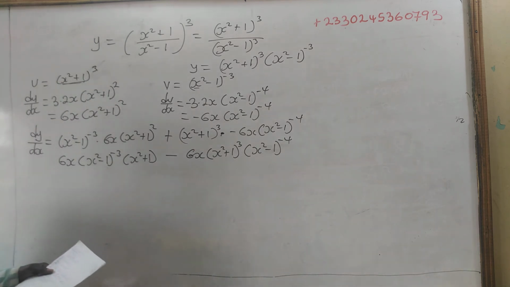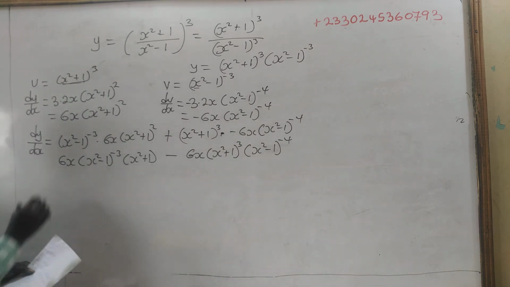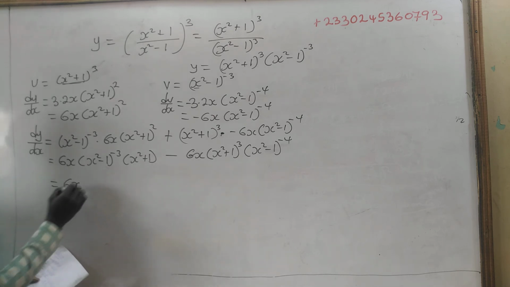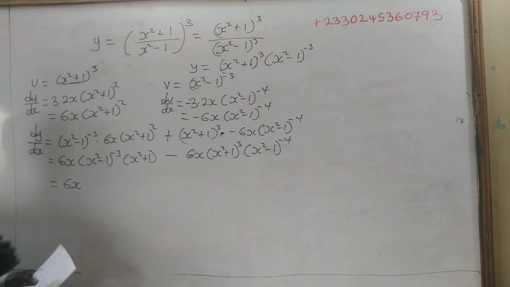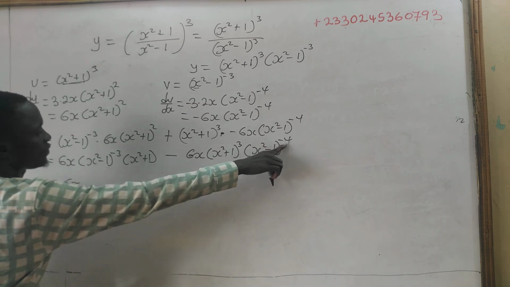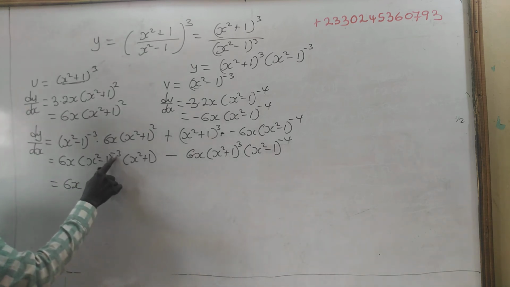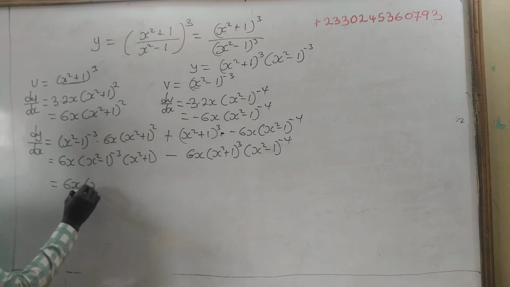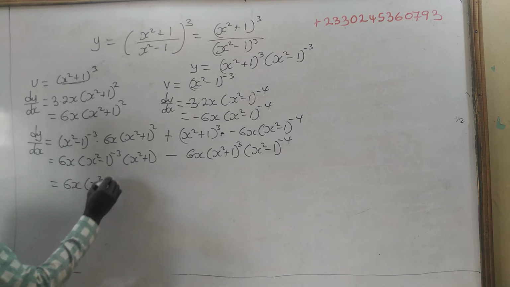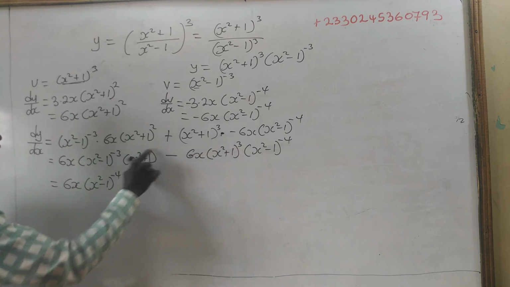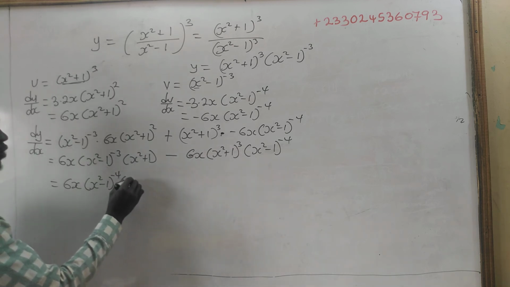So here we are going to do factorization. We have 6x being common, so I bring 6x out. Then I have power negative 4 here and power negative 3 here. So I'll bring the power negative 4 out. I have power positive 3 and power positive 1, so I'll bring the power positive 1 out.